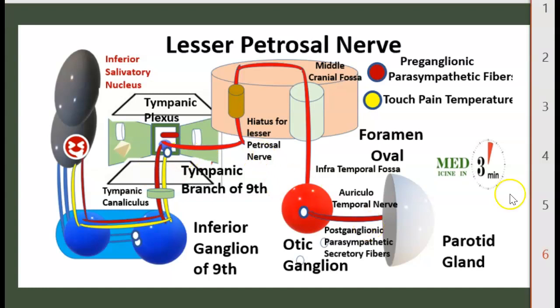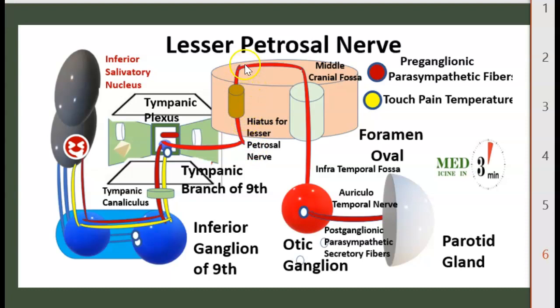They recollect and emerge from the anterior wall to pierce the thickness of the petrous bone in the hiatus of the lesser petrosal nerve. This is the hiatus of the lesser petrosal nerve.